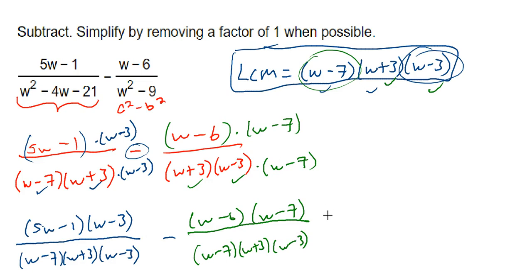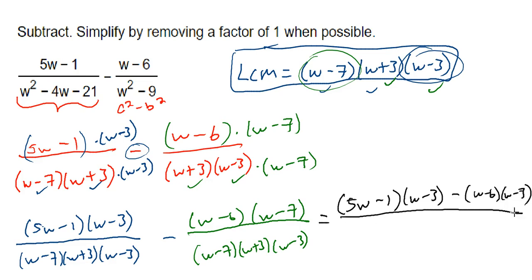We can go ahead and subtract these into a single fraction. So we'll have 5w minus 1 times w minus 3 minus w minus 6 times w minus 7 over the common denominator, w minus 7, w plus 3, w minus 3.